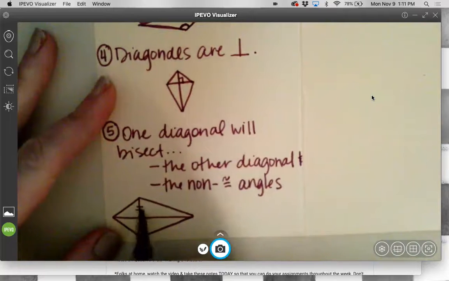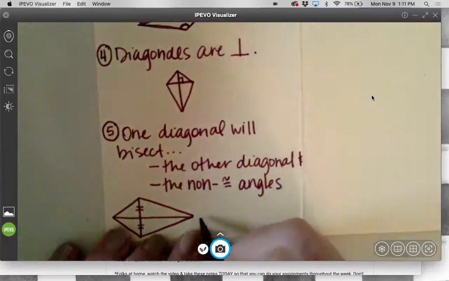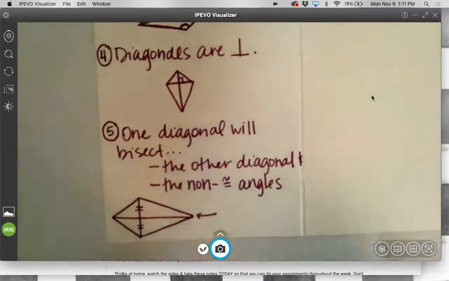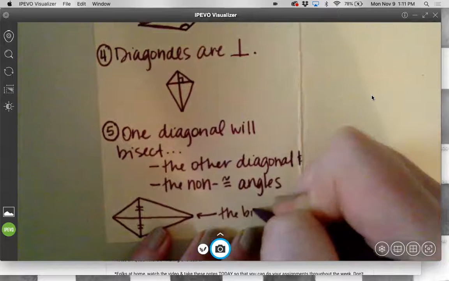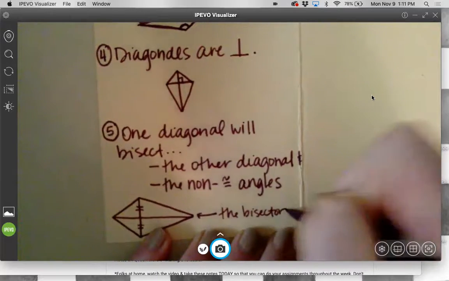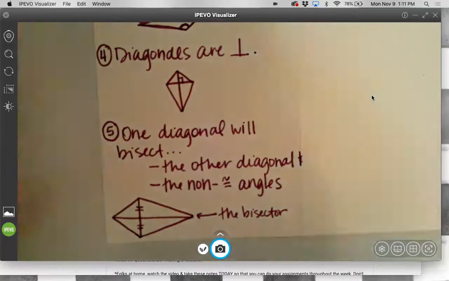So this part and this part are congruent. So that means that this diagonal is the bisector. It cuts that line, the other diagonal, in half, and it also cuts the non-congruent angles in half.